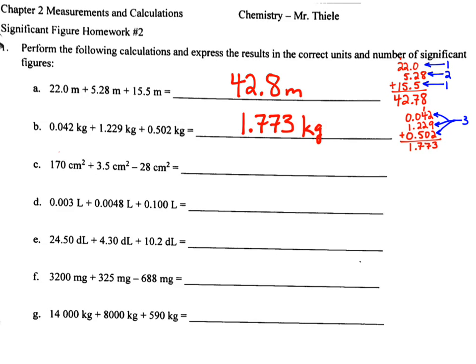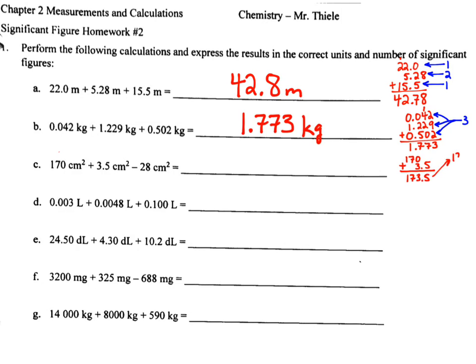Next, we have a couple of whole numbers come into play. We also have some addition and subtraction. So I'll show you this. We'll just do it simply in 2 steps, following order of operations. So we have 170 square centimeters plus 3.5 square centimeters minus 28 square centimeters.